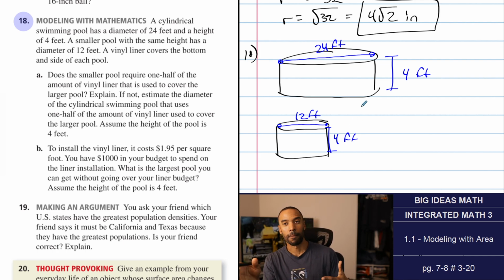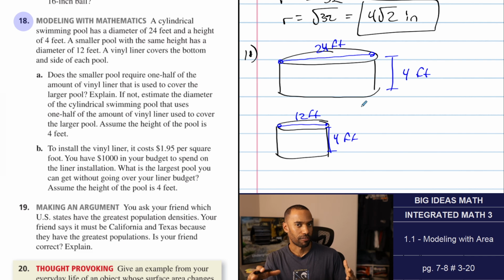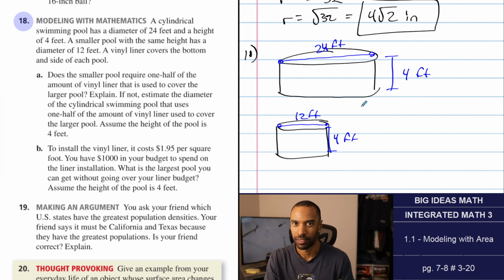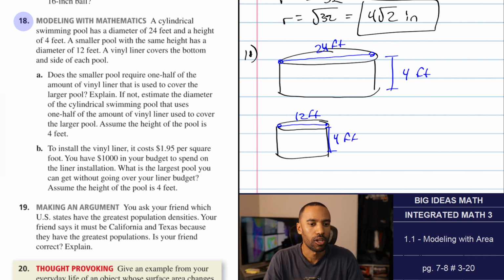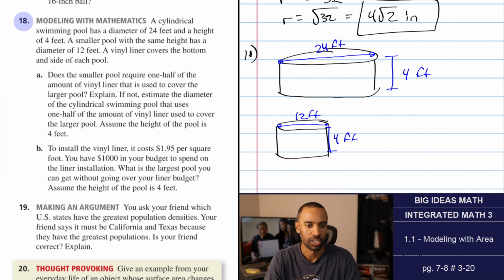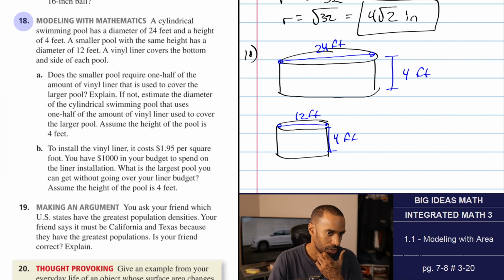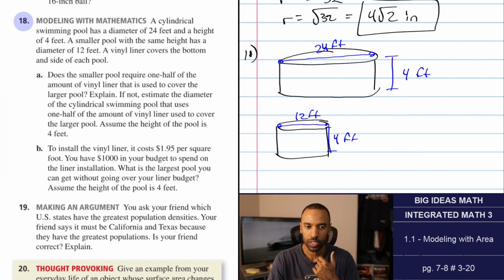Well, here's the thing. The top sounds like it's uncovered. So if we talk about surface area, there's going to be something there. Does a smaller pool require 1/2 the amount of vinyl liner that's used to cover the larger pool? Explain. If not, estimate the diameter of the cylindrical swimming pool that uses half the amount of vinyl liner. Assume the height of the pool is 4 feet.